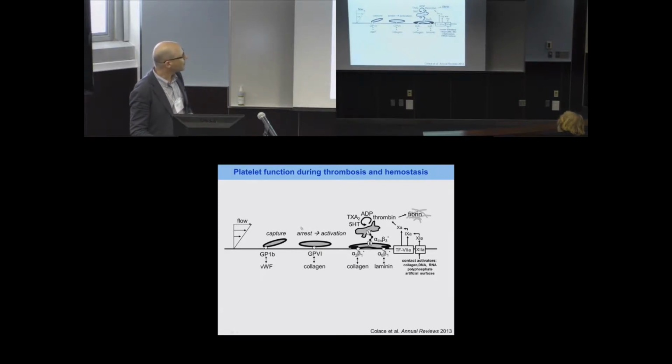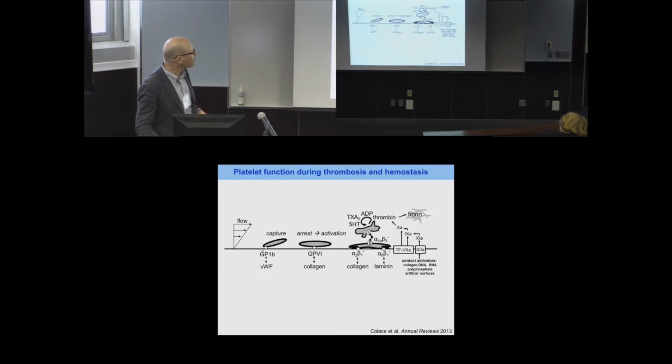So blood clotting from a biochemical point of view, as it is assembled under flow conditions, various pieces of this have been very well studied over the last 50 years or so. Blood is easily obtained from the laboratory from humans. It's really the one tissue you can get from humans on a daily basis.